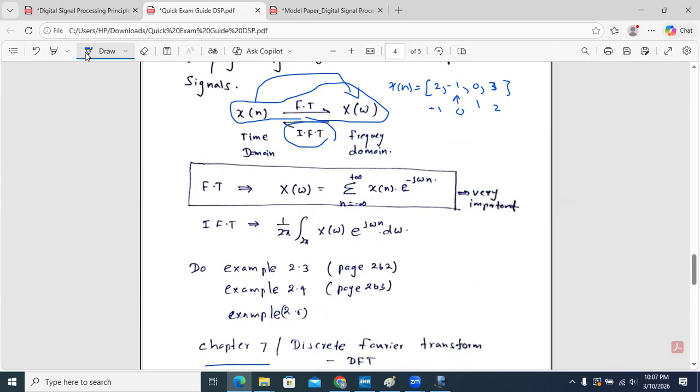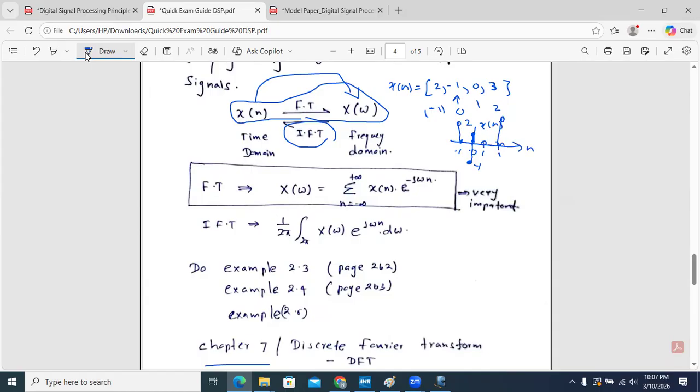If you draw this, n versus x[n], the zeroth sample x[0] is -1, the -1 sample x[-1] is 2, the first sample is 0, and the second sample is 3, like this.